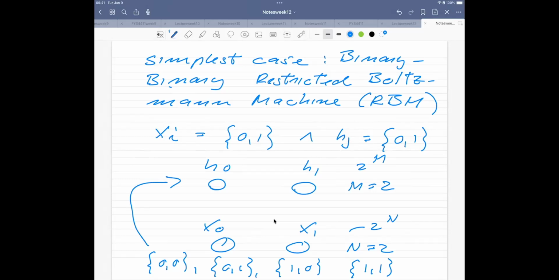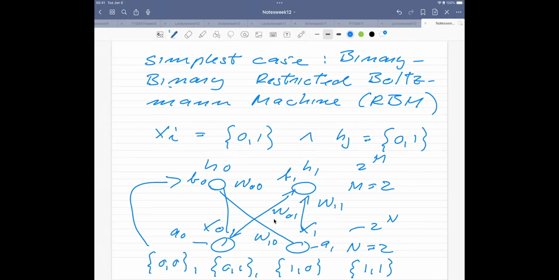These are the configurations, and this is something which we discussed last week as well. This one connects with this, and there is going to be a weight, which we call w 0, 1. This connects with that one, and that gives a weight w 1, 0. This connects here, and it's a weight w 1, 1. And then we have this one, which is a weight w 0, 0. We have a new parameter, which plays the role of a bias, which we call b. And then we have a0 and a1 here.